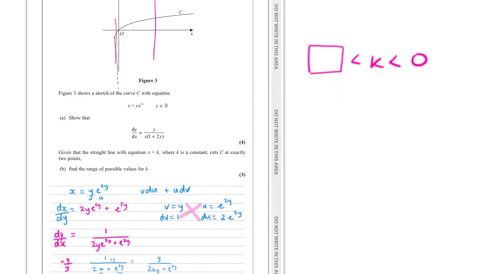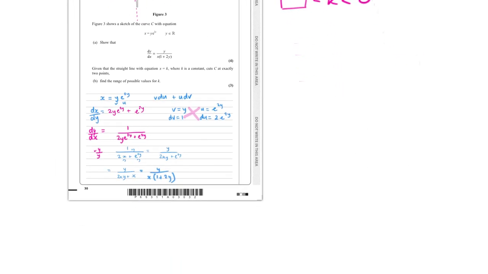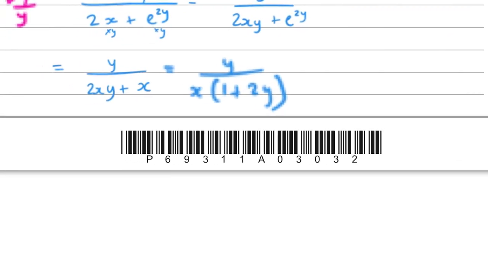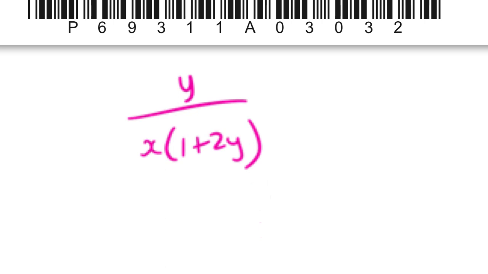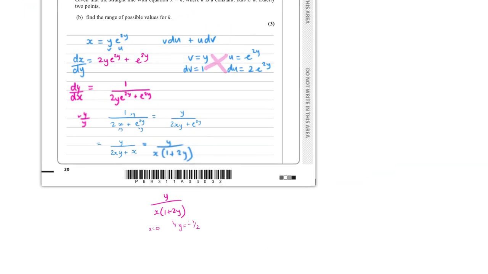Now if you think about it, this is where the gradient is going to tend to infinity. So actually, what would make this equal 0 on the denominator, where we'd have a mathematical error? This is actually where y equals negative a half. And then we'd have here x equals, x could equal 0, etc. So y equals negative a half.